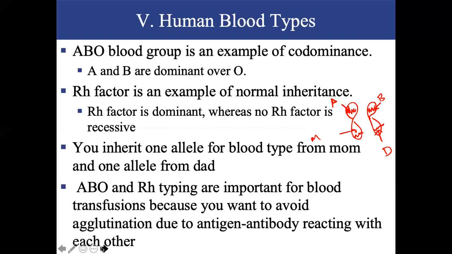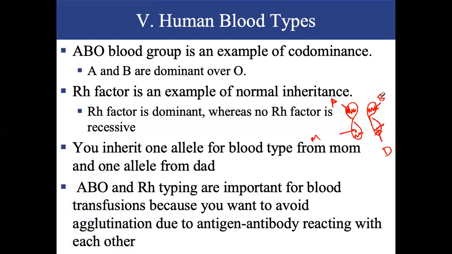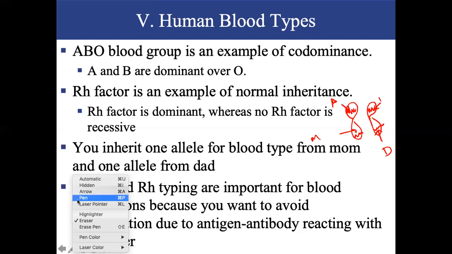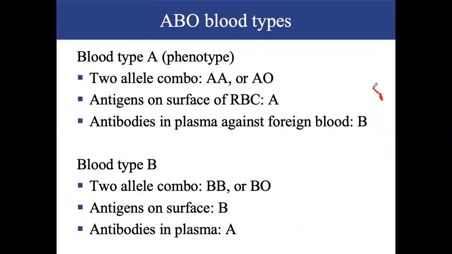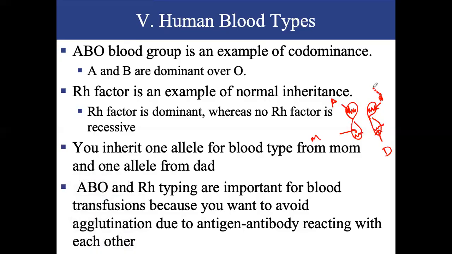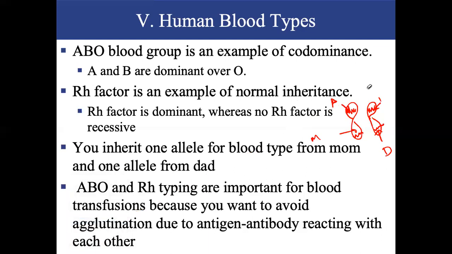Okay, what if I have A and O? What blood type does that give me? Let's draw the O here, right? I'm having technical difficulties, you guys.